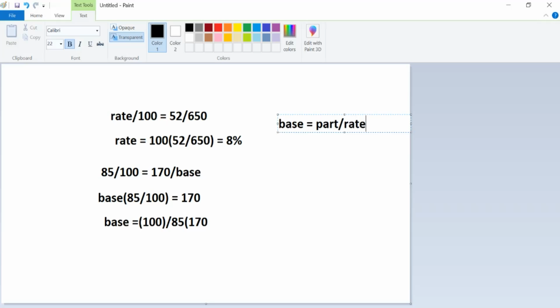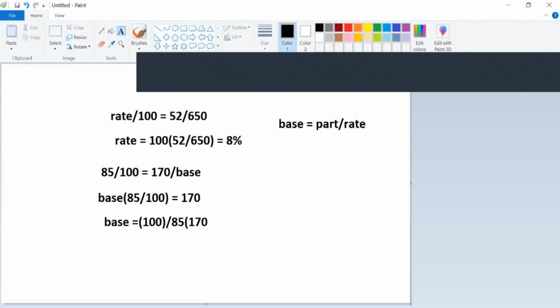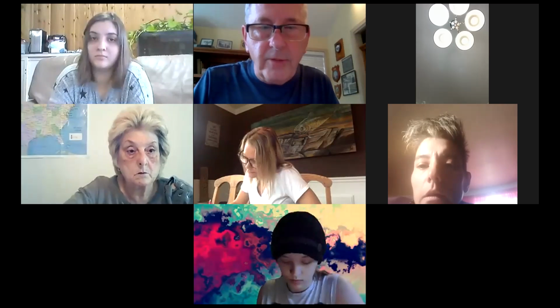We flip the rate, put it on the bottom, and solve, just like we did down there. In all these, you have to figure out what you're looking for, then put it in an algebraic equation to solve for that particular part, whether it was the part, the base, or the rate. Does that make sense? Yes. Anyway, that's really it.